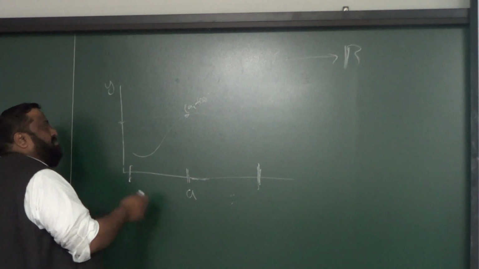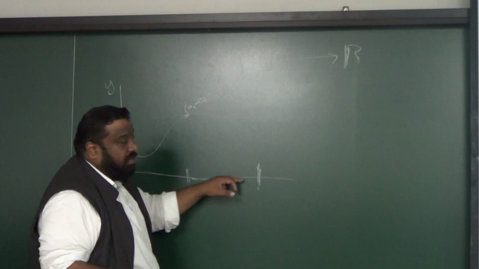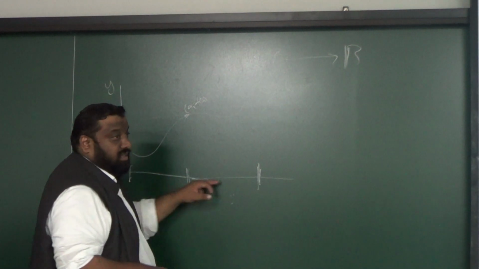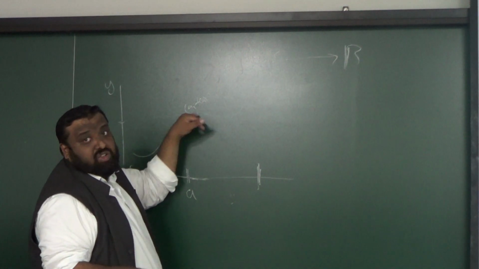Let's try to define a map that takes each input from this domain and gives us a point on this curve, or on the graph.